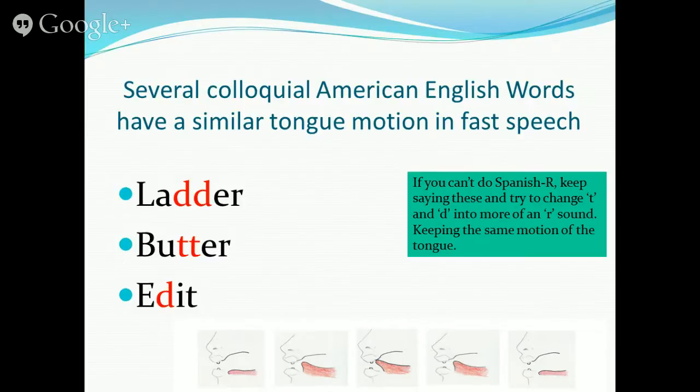So keep on practicing. If you can't do it, just keep doing that, and you'll get it because it's not very different from that motion.